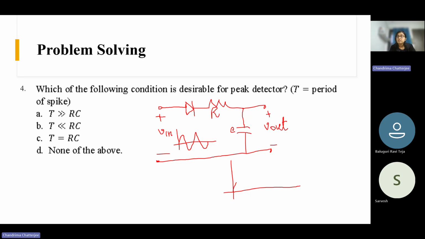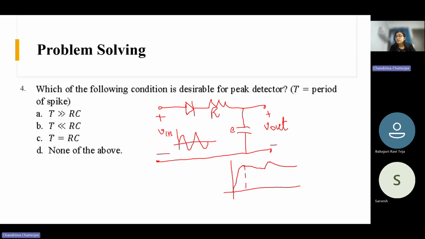So first it will rise, because in the positive cycle the capacitor will get charged through the resistor. There will be an RC network. So it will charge till the peak of the waveform. Then it will retain it, because there is a capacitor, it will retain the charge. There will be a slight fall. Then in the negative cycle there will be no current from the input. Then again in the next cycle it will charge, and like this.